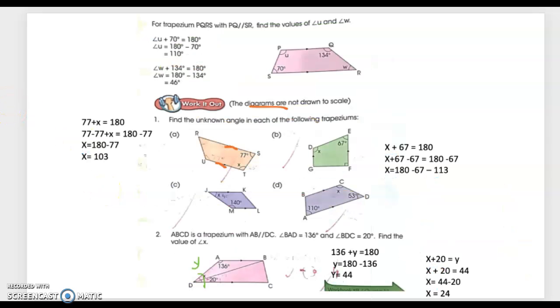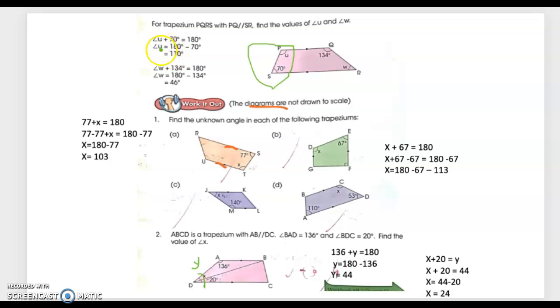All right. Now look at this next page. For trapezium PQRS, PQ and RS are parallel. Find the value of U and W. So first consider this side. First consider the pair of angles which is between the parallel lines. That is U plus 70 is equal to 180, right?